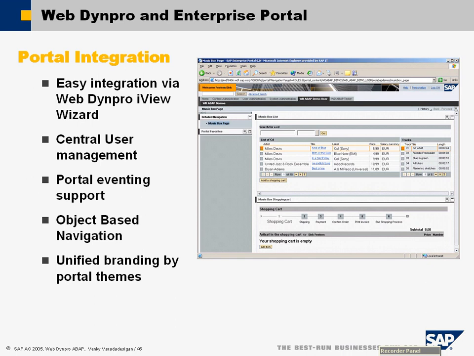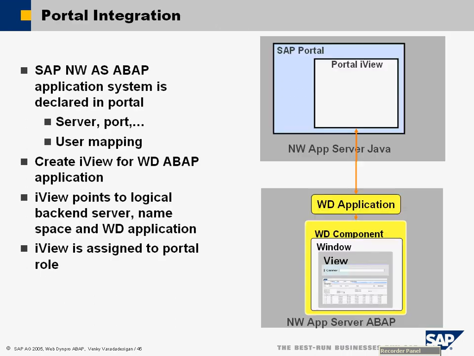And of course, branding by the portal team. If you develop a Web Dynpro application in the backend, and then change the theme in the portal, the look and feel would automatically change for Web Dynpro. You don't have to make any special effort to change the theme and synchronize it with the portal.